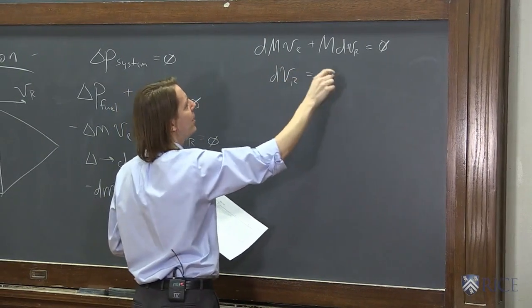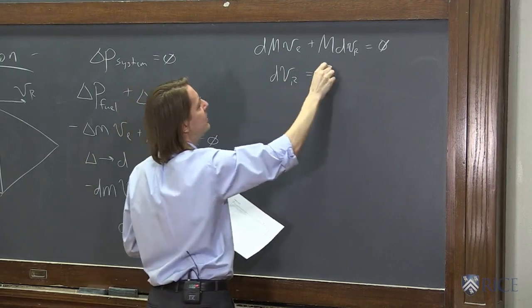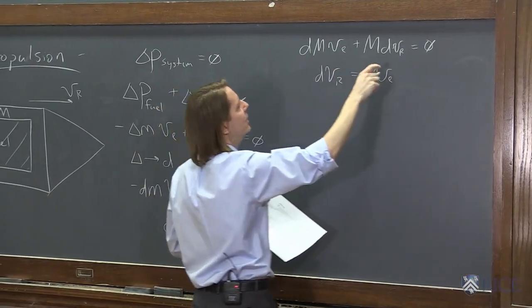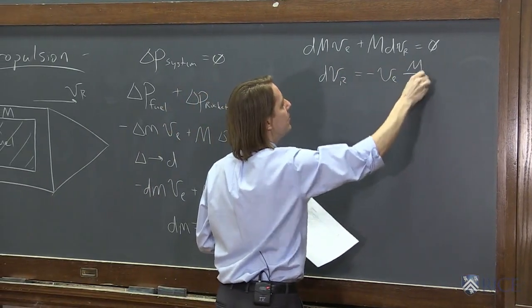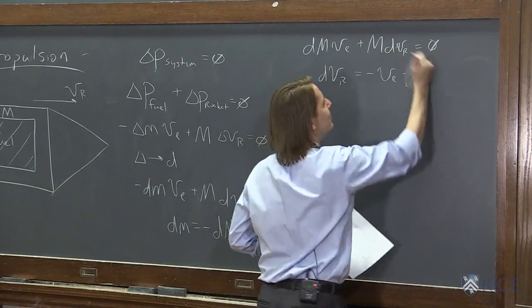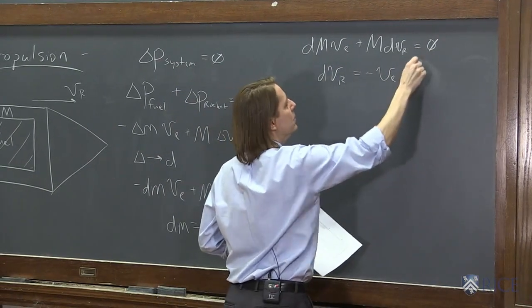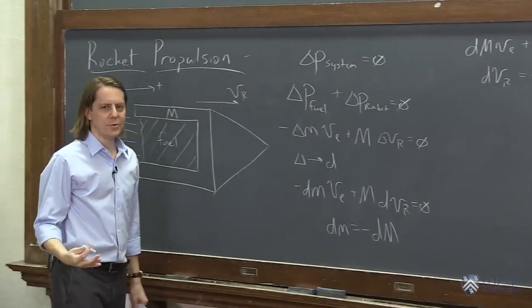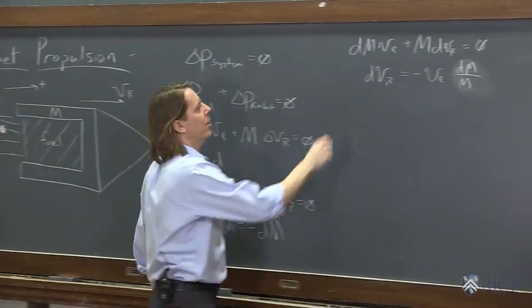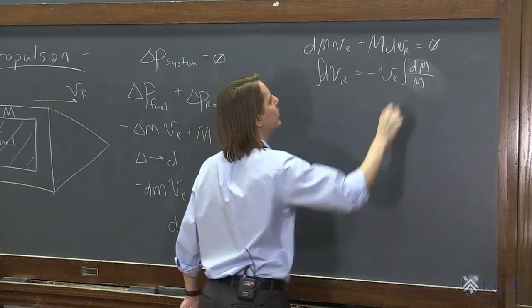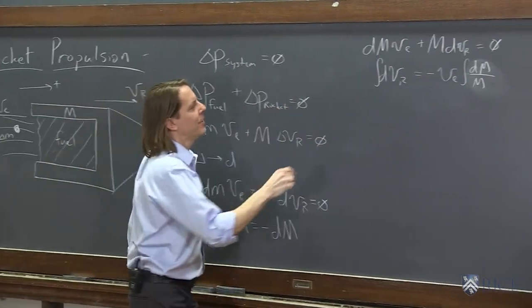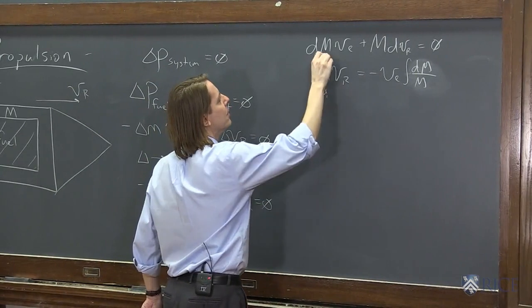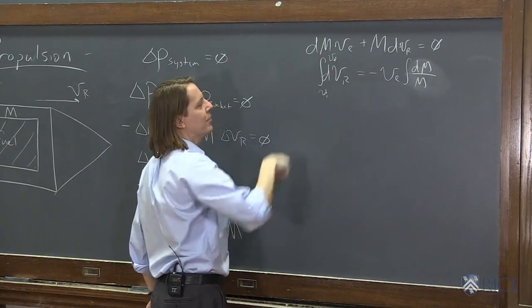dVr equals minus, and what will we end up with? VE on the other side, dm over M. There we go. Right. And now we just do this trick where we integrate both sides between some limits. We're integrating from, say, VI to VF, with the big R as a subscript.